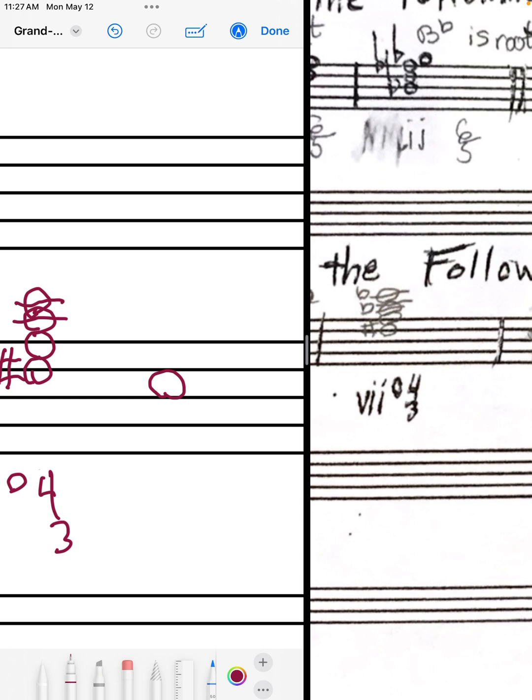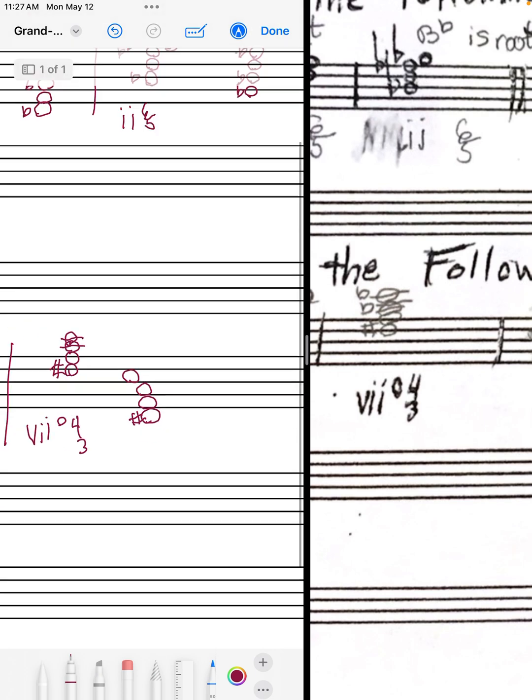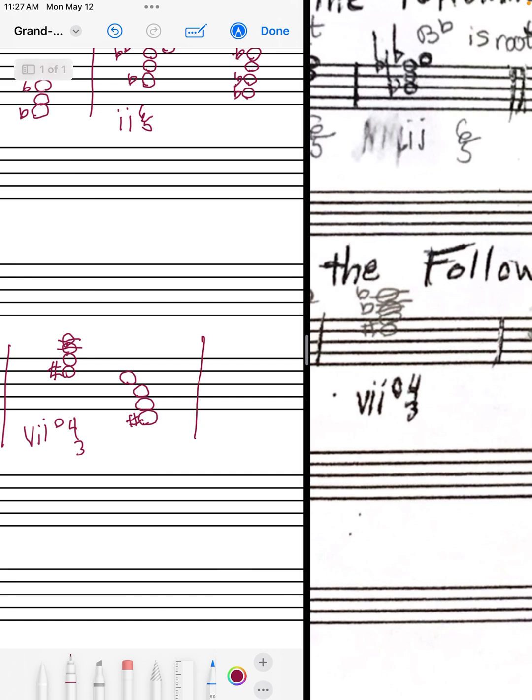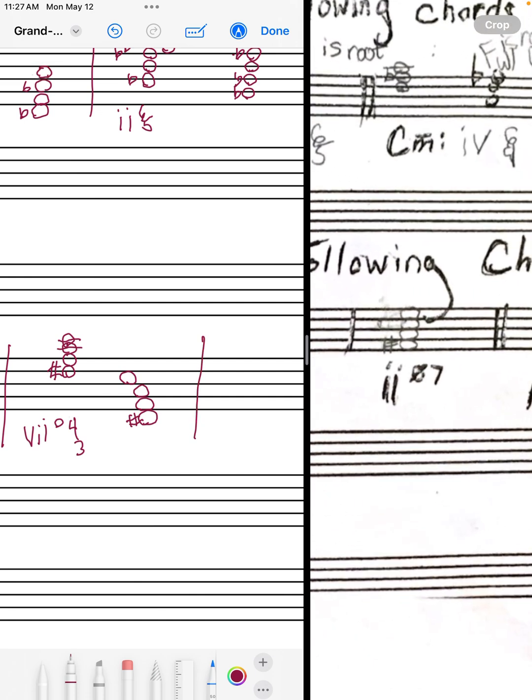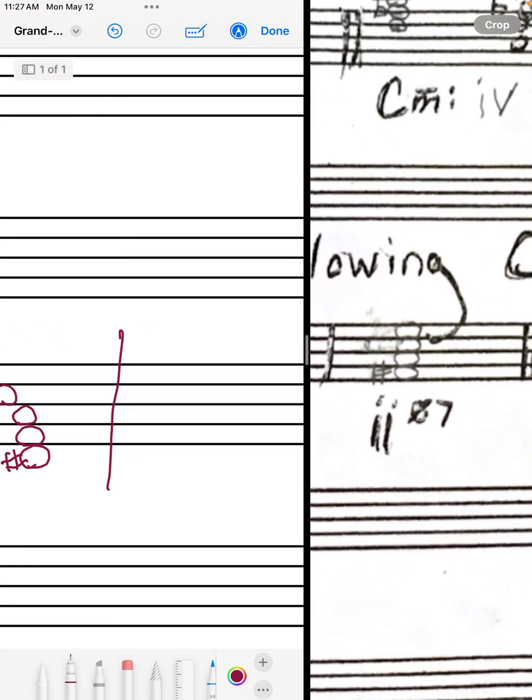That would be the C, the A, the F, and the D. Okay, I know I drew it wrong, so just forgive me if I did. But I know I was right. 2 has to be 7.